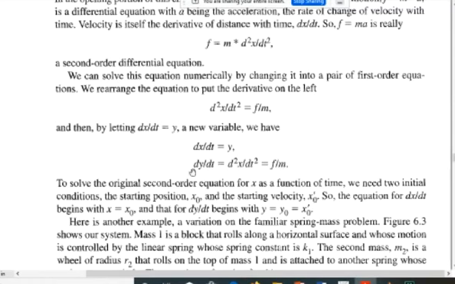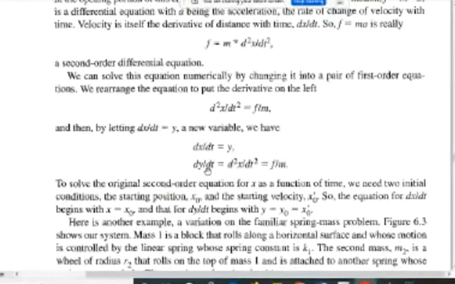In reality, dy/dt is actually d²x/dt², or the second derivative of x with respect to t.